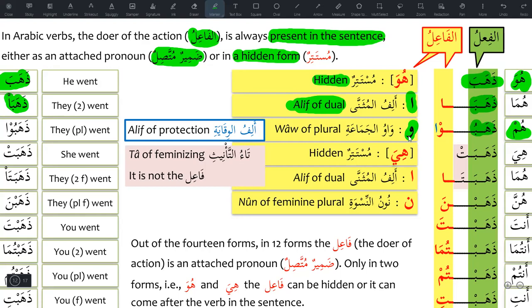And this waw is the fa'il here, the subject. This waw is the waw of plural, wawul jama'ati. If there is a waw in the third person plural, it means it is showing plural persons or plural things. And this is the subject here.